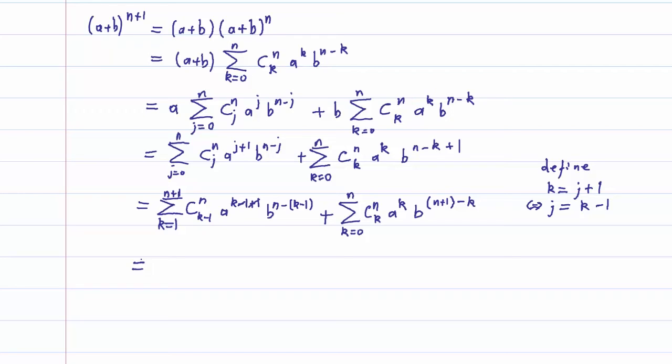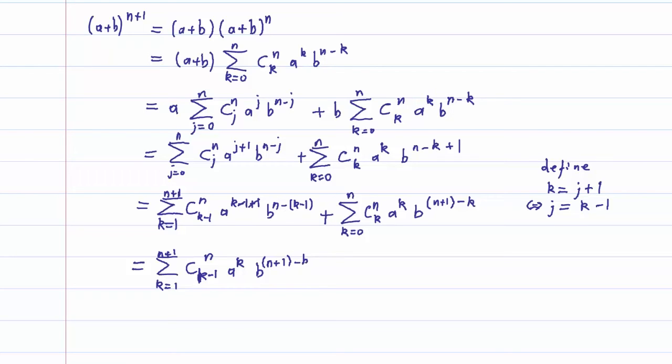So this is equal to, I'm going to write this a bit more properly. The sum from k equals 1 to n plus 1 of C(k minus 1, n), no change here, times a^k, because the 1 cancels out, times b to the power of n minus (k minus 1), which is the same as b^(n plus 1 minus k), because minus times minus equals plus.